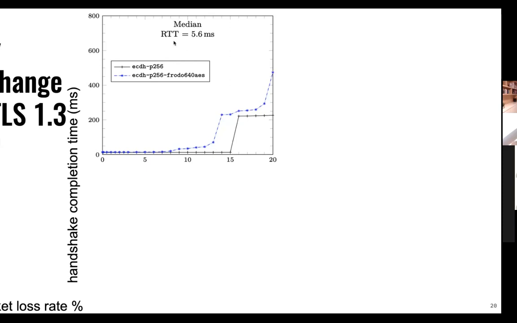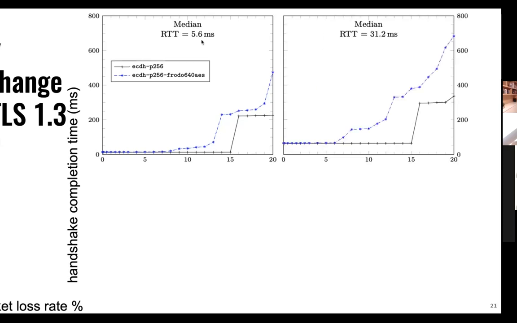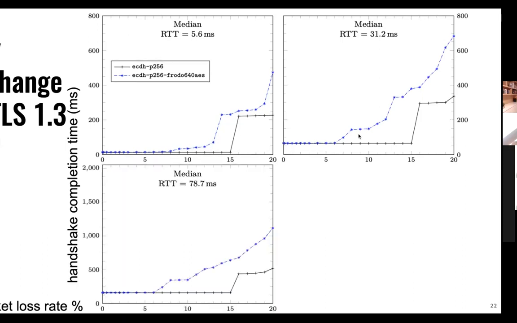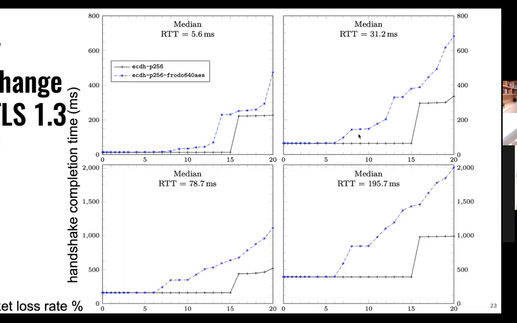And this is on a connection with a very low latency round trip time of 5.6 milliseconds. If we increase the round trip time to 31 milliseconds, we can see that Frodo diverges from ECDH a little bit earlier, and this pattern persists as we increase the round trip time higher and higher.